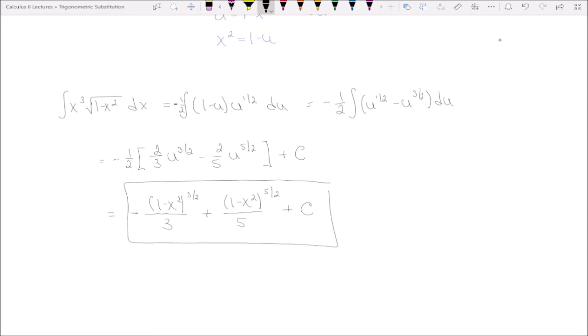Right, so this one, you could have used trig sub and you get to the same answer. But trig sub was not necessary. So this just goes to show you that there are certain antiderivatives where there is more than one technique to evaluate it.